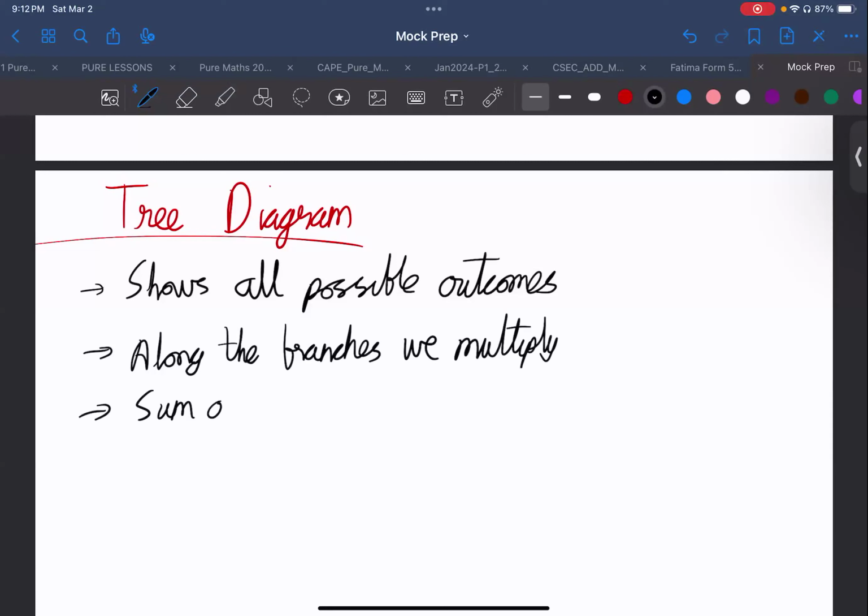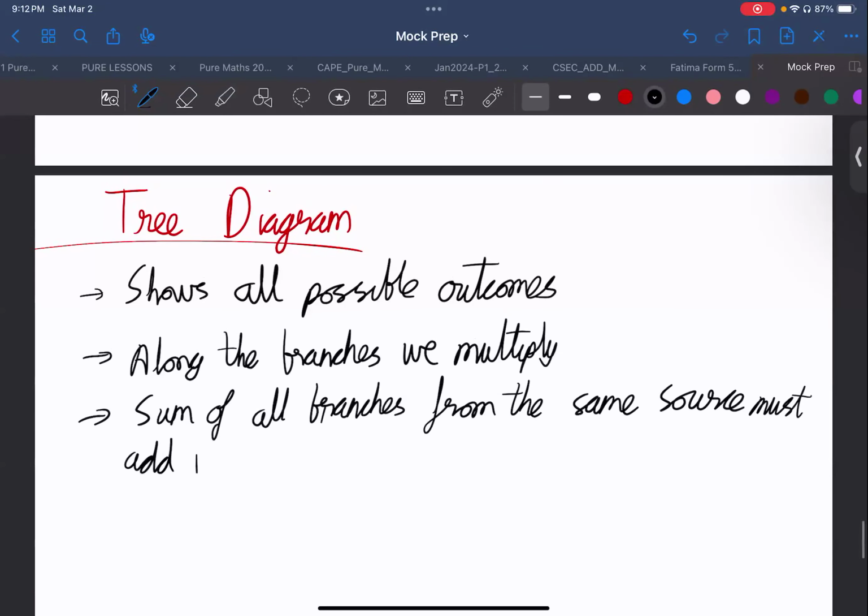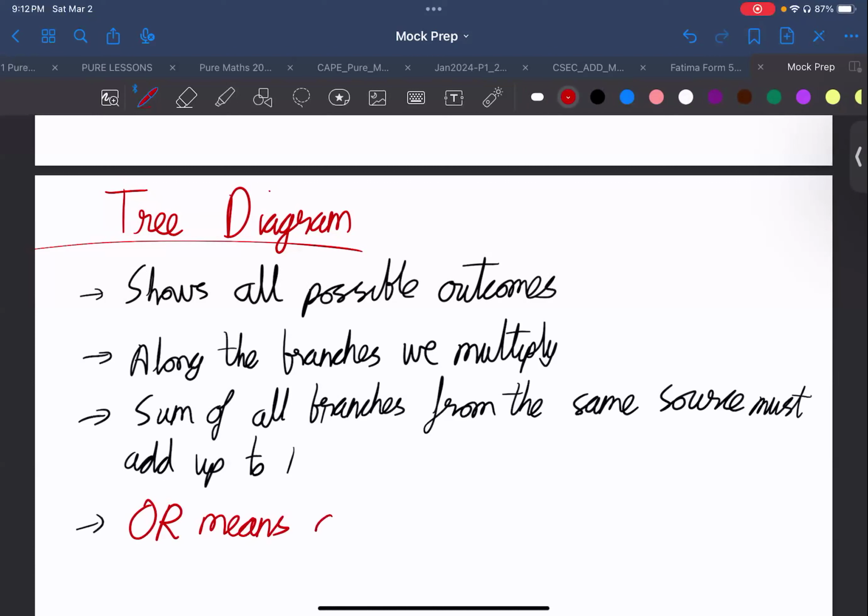The sum of all branches from the same source must add up to 1. And a good way to remember it is: or means add, and and means multiply. Now, what does that mean?